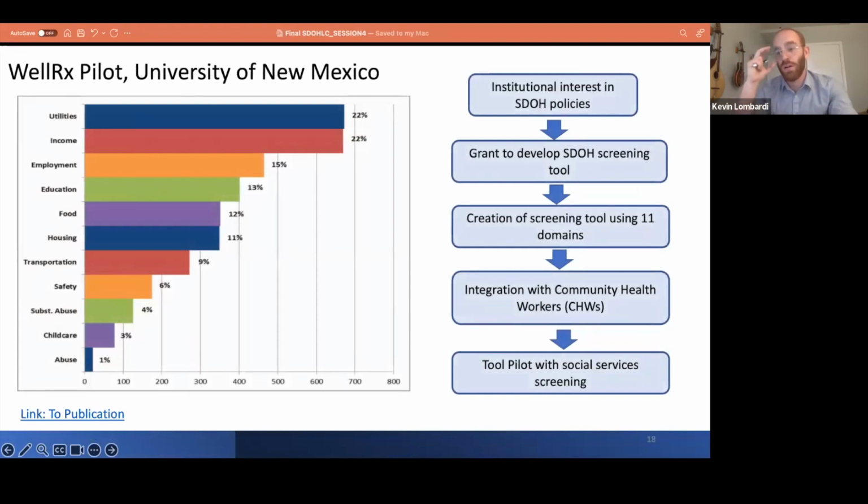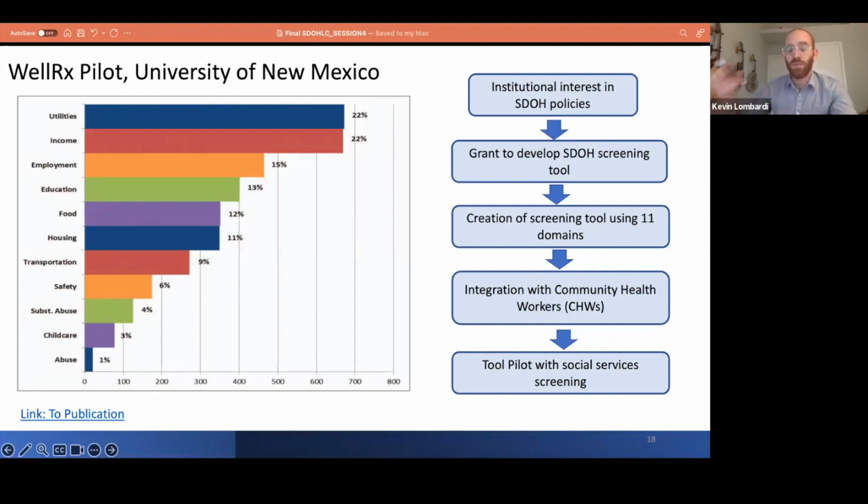Now, the WellRx pilot is interesting and insightful because it shows how an institution can take available screeners and adapt them to their local needs, and in doing that, stay firmly within the framework of what research has validated and how appropriate patient care has been defined by physicians and nurses groups throughout the country.